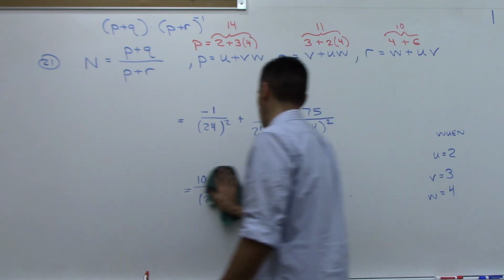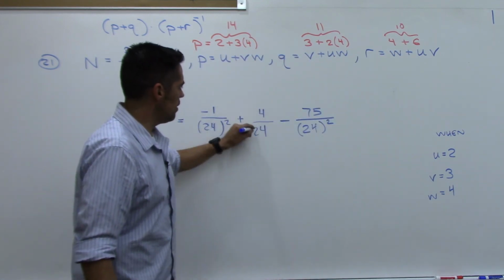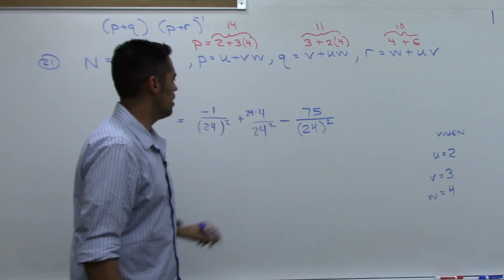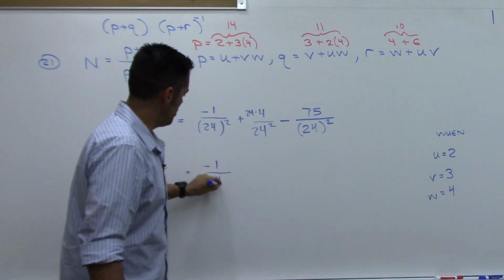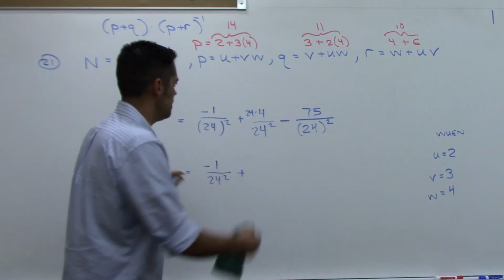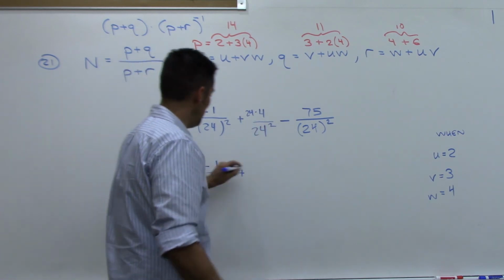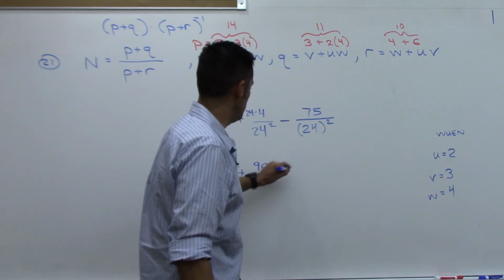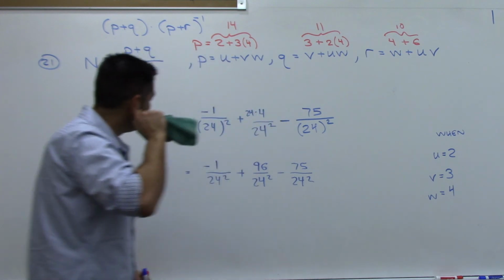And then I think what I'll do is I'll get a common denominator, 24 squared. So I'm going to take 24 and multiply 24 on top and on the bottom, so that becomes a squared. So I have negative 1 over 24 squared plus, let's see, 4 times this, it's 8, it's 96 over 24 squared, and then minus 75 over 24 squared.